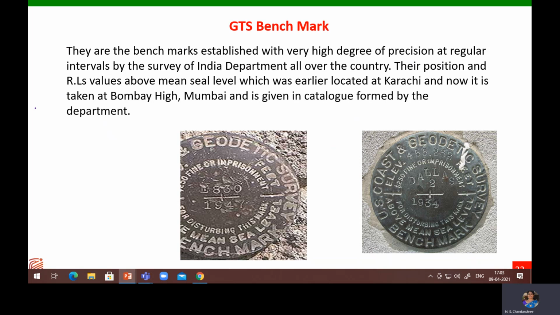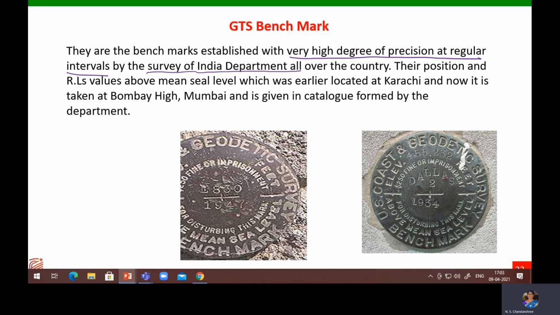GTS benchmarks are benchmarks established with a very high degree of precision, and they are placed at regular intervals by the Survey of India department across the country at different locations, and their positions and RL values are given above or below mean sea level. We can see an example here.